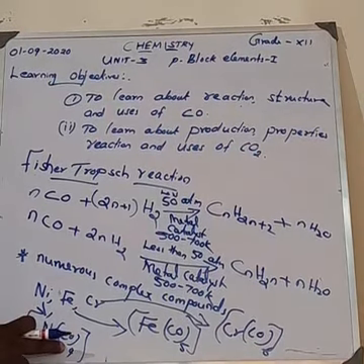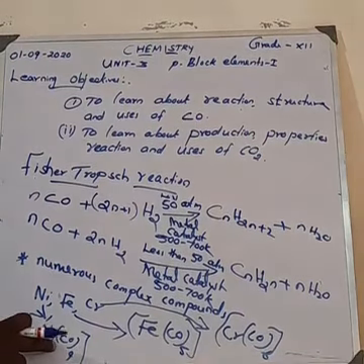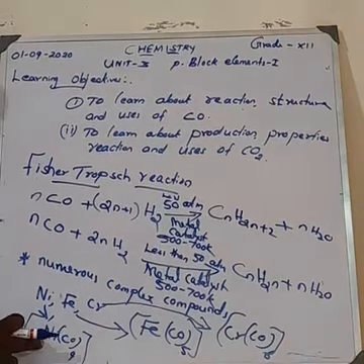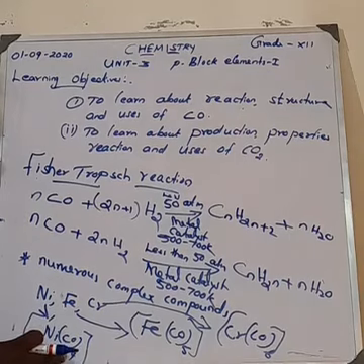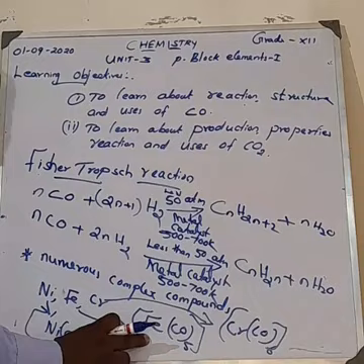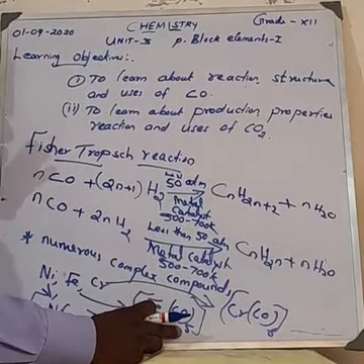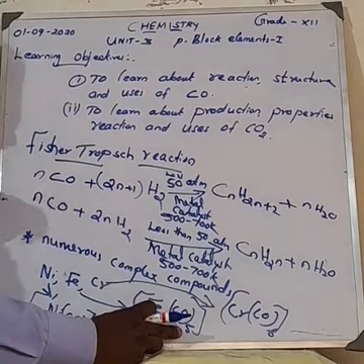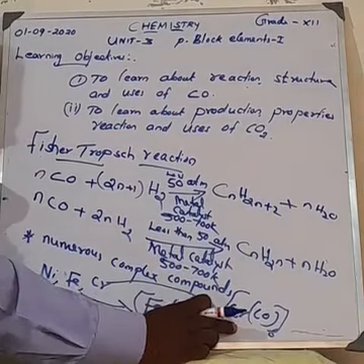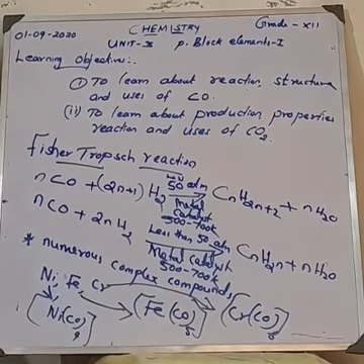How many carbon monoxide do they have? Four. So we say nickel tetracarbonyl. What's the name of this compound? Iron pentacarbonyl, having 5 carbon monoxide. Here, chromium hexacarbonyl. These are the examples.